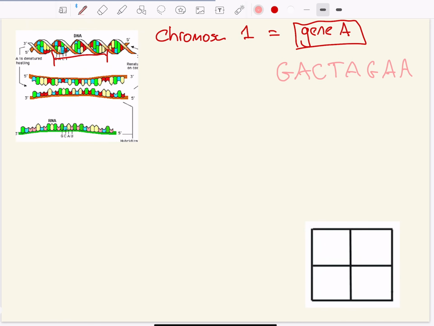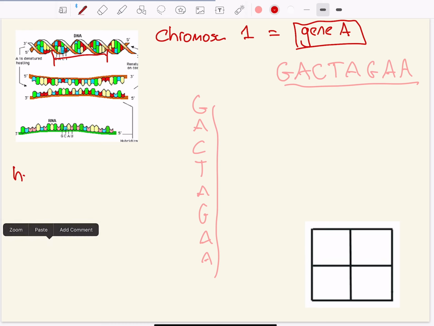So that's Dad's one, and then Mum's one is G, A, C, T, A, G, A. Right. What you notice is they're exactly the same. So what this term means, if the gene's exactly the same, it's called homozygous, which means identical.